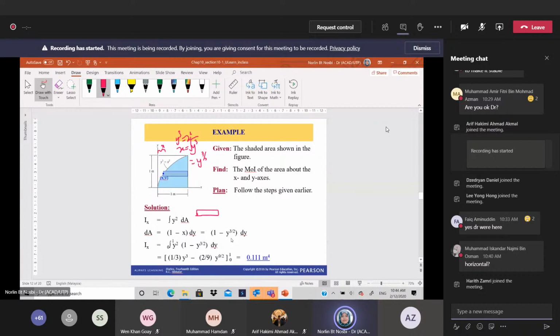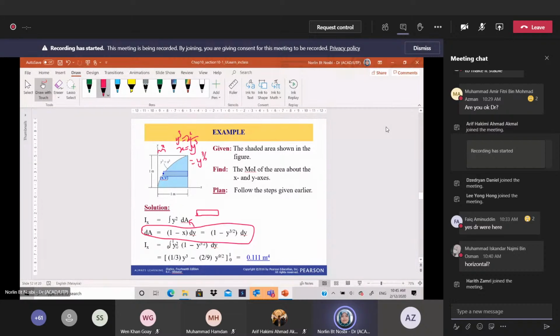Then you fill this dA back into the equation. Now you will have the integration from 0 until 1 of y squared times (1 minus y to the power of 3 over 2) dy.